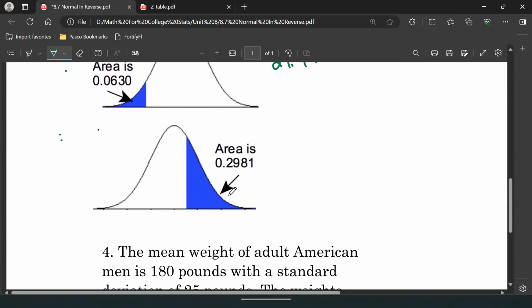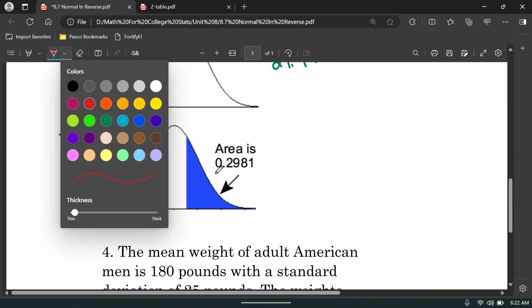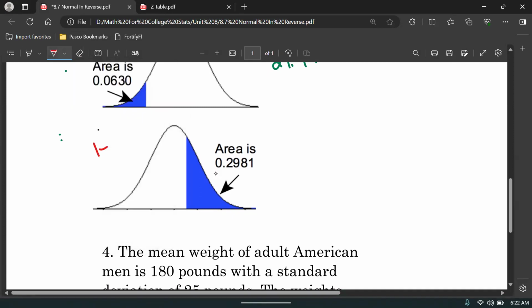If we do it with this one, 0.2981. So remember, let's think about what area is to the left here, right? 1 minus 0.2981 equals, let's see here, 0.7019.